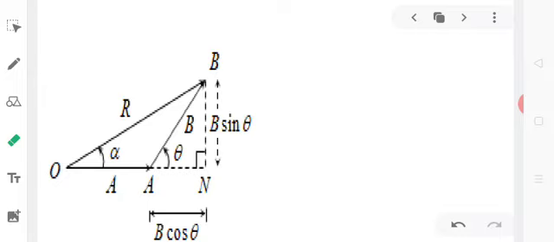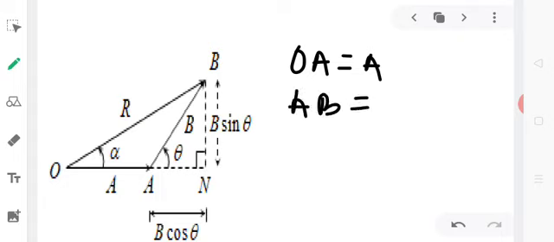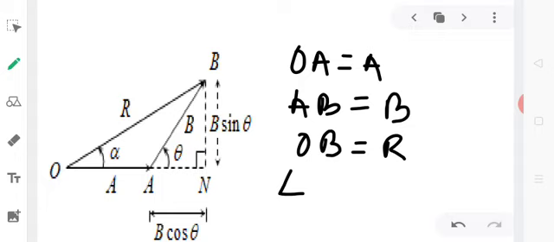So obviously from the diagram we can see that OA is equal to A. I am simply writing down the magnitudes. Then AB is equal to B and OB is equal to R, and angle NAB is equal to theta.